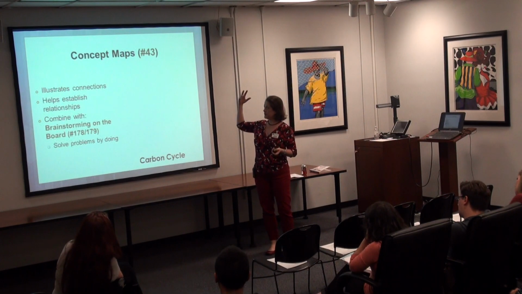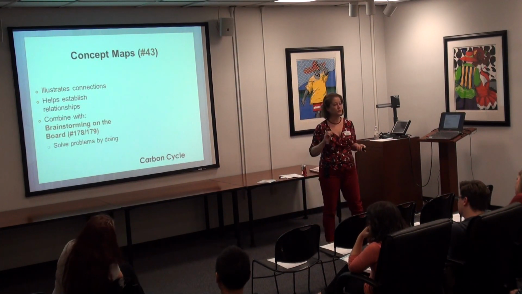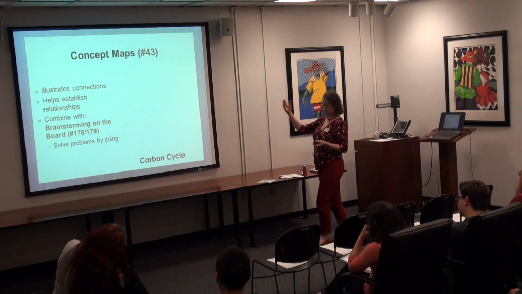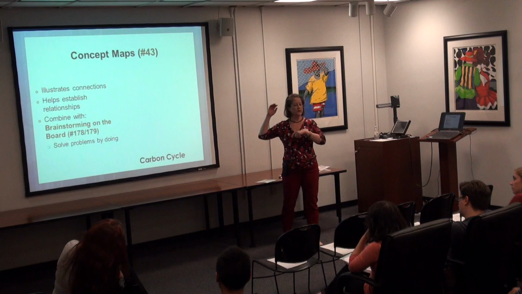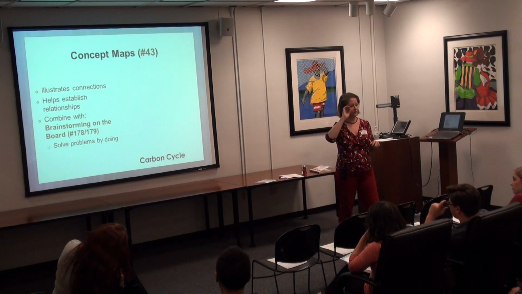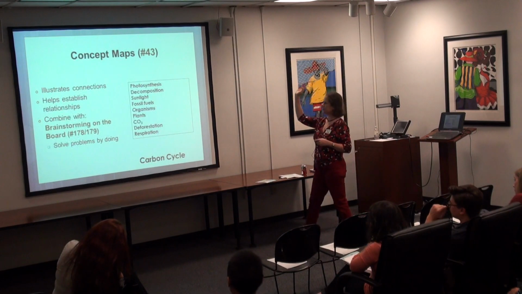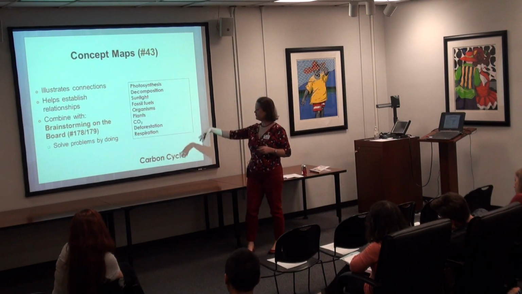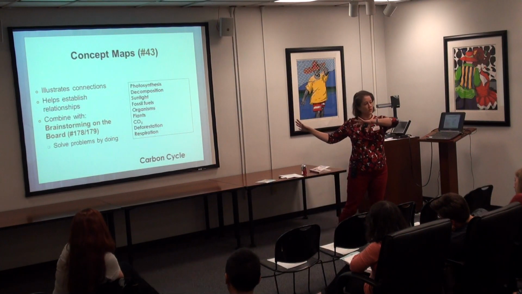You give them a concept and you say, list all the words that come to mind with respect to that concept. Because I'm science, the easiest one I could think of was the carbon cycle. So I tell my students, list all the components of a carbon cycle. They come up with a whole bunch of stuff: photosynthesis, sunlight, fossil fuels, CO2, and so on. That's where they're brainstorming themselves.